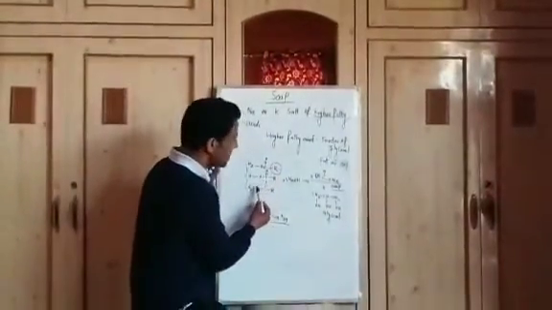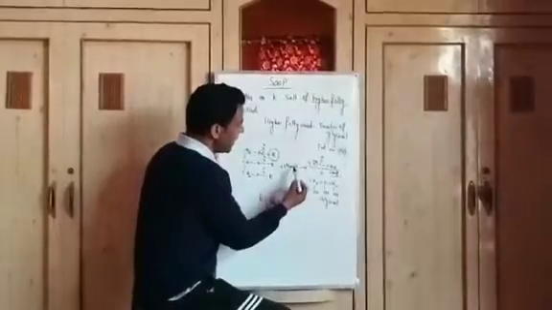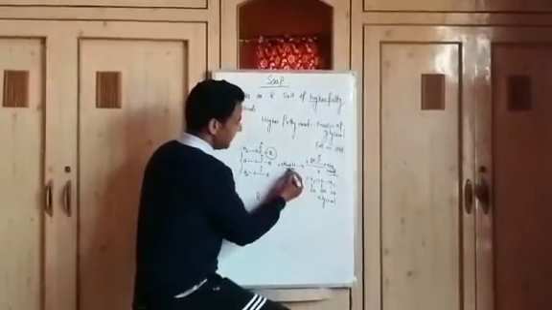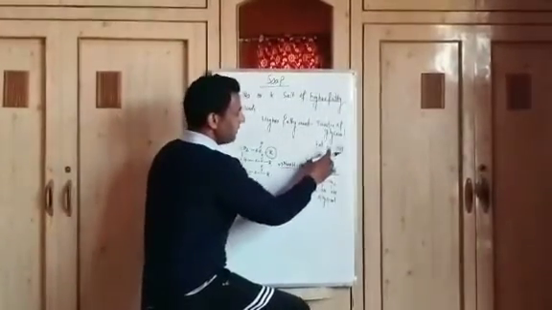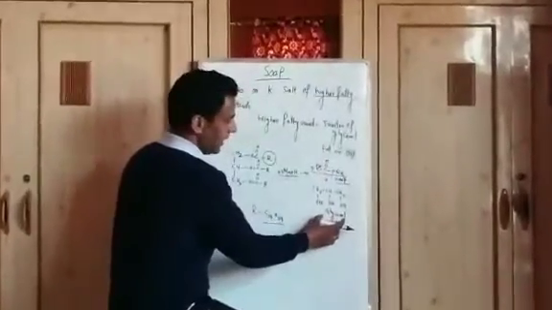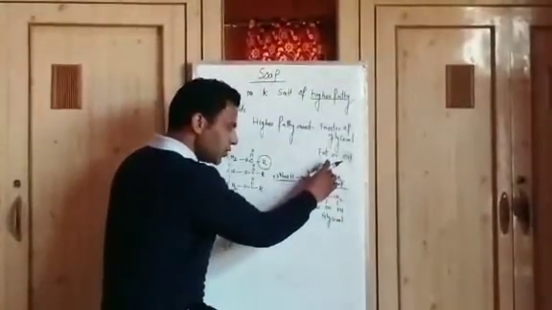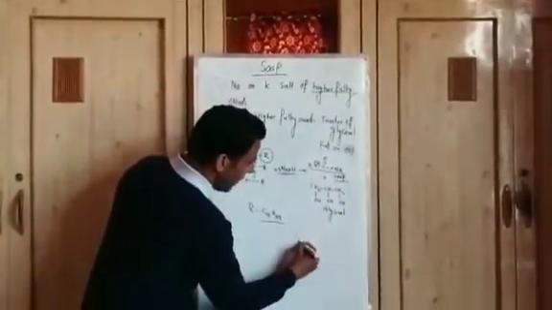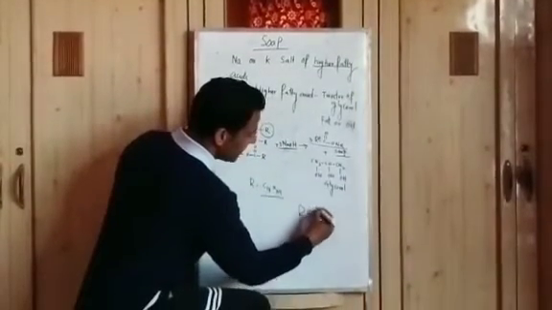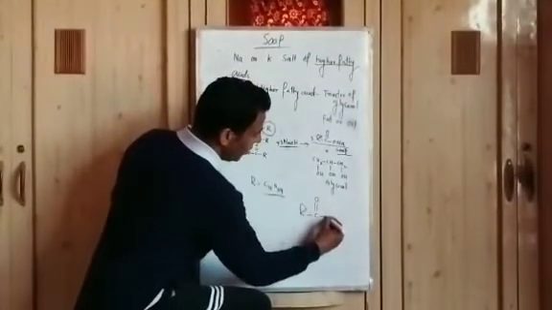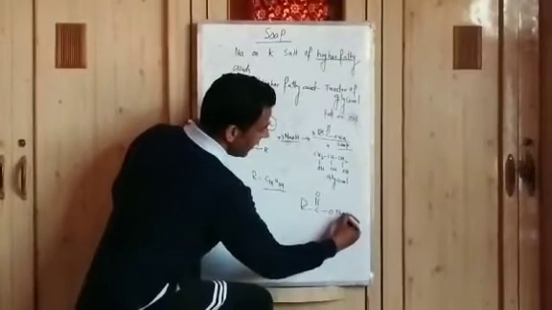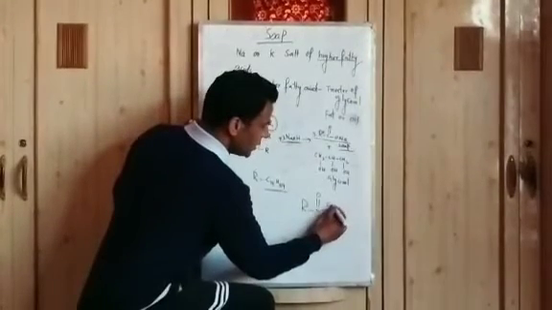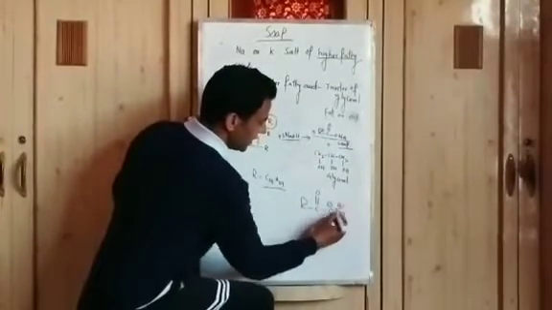Now, this triester of glycerol, when it reacts with sodium hydroxide, forms the soap and the glycerol. This soap is like this: RCOONa. This is negatively charged and this is positively charged.